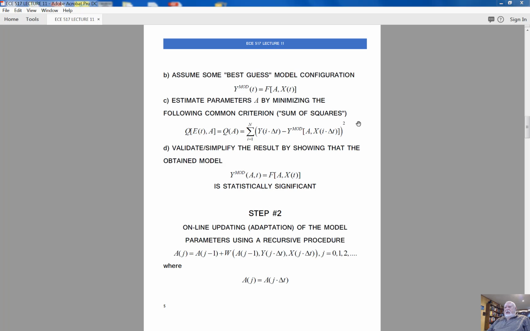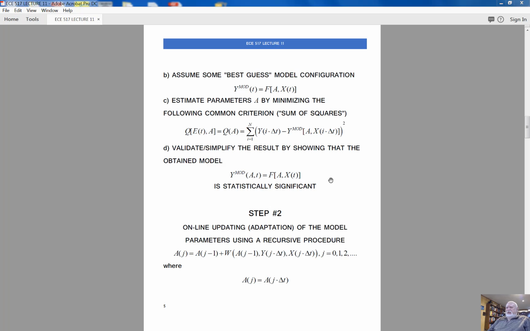Now, you understand that if we minimize the criterion Q with respect to A, we're supposed to get parameters of the model. But not just parameters, but parameters that would minimize the discrepancy between the model and the output of the real process. So parameters will be obtained at some point, and then there is a special task, rather statistical by nature, to prove or to demonstrate that the model that we obtained is statistically significant.